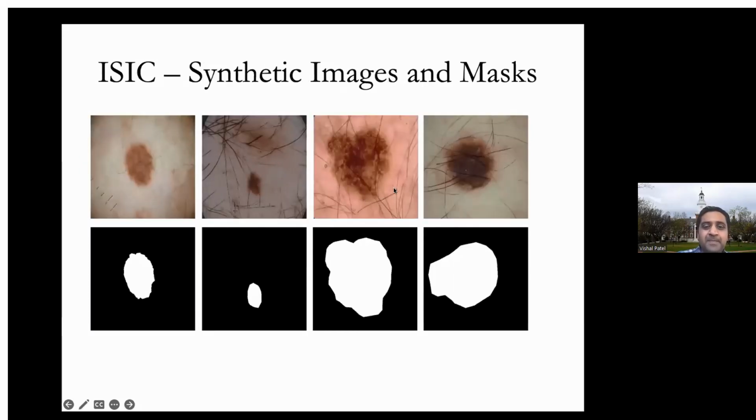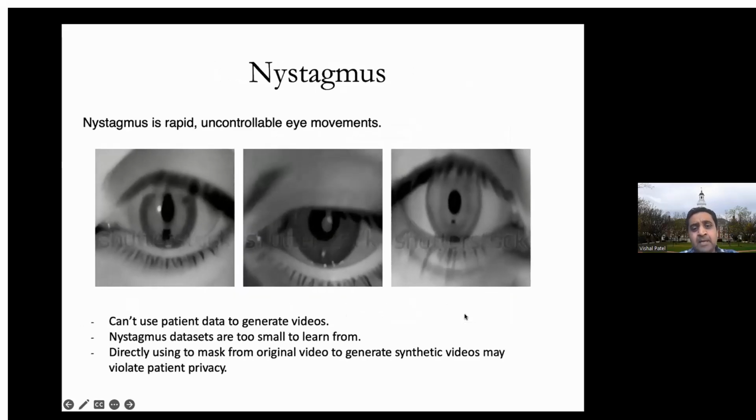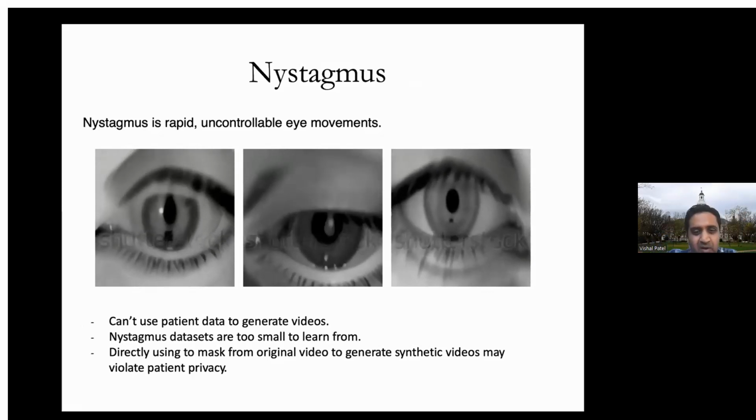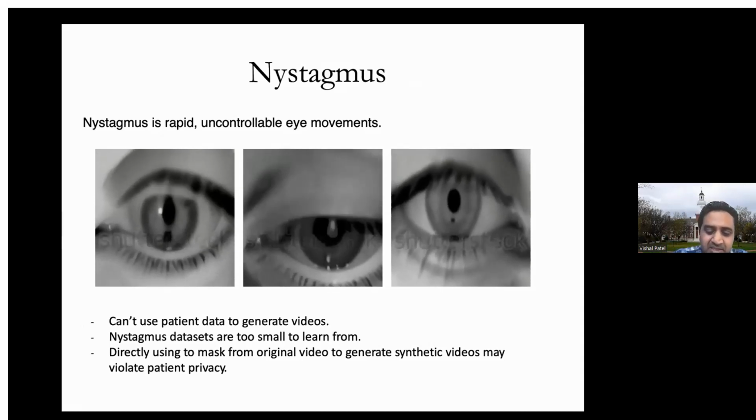You have this image and the corresponding masks, and when you use them, you really improve the performance significantly, right? So these are some of the experiments that we conducted on different types of medical image segmentation data sets.